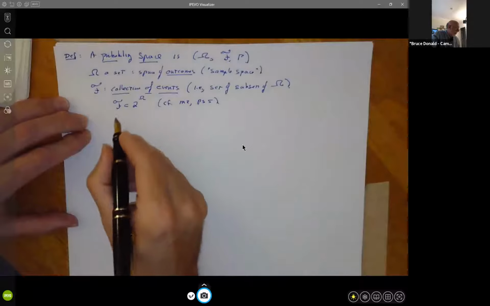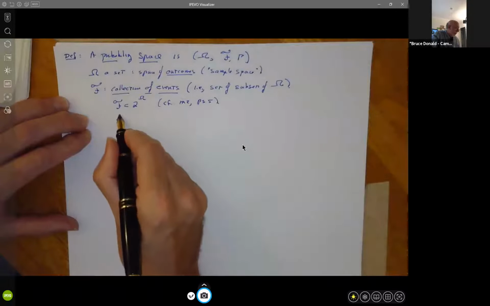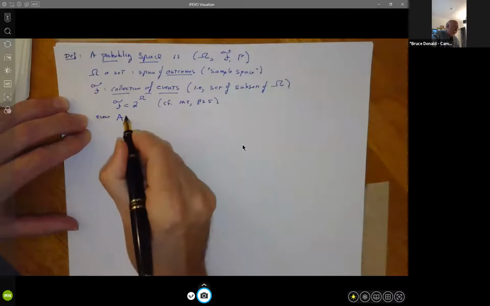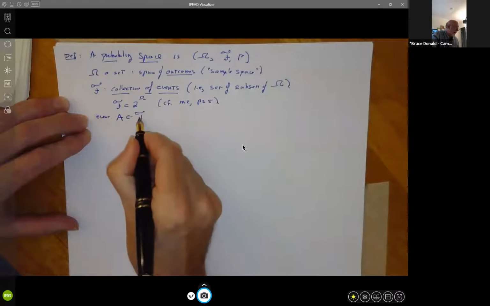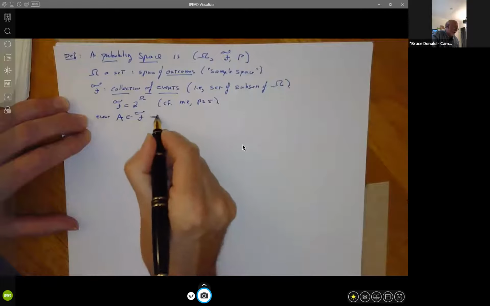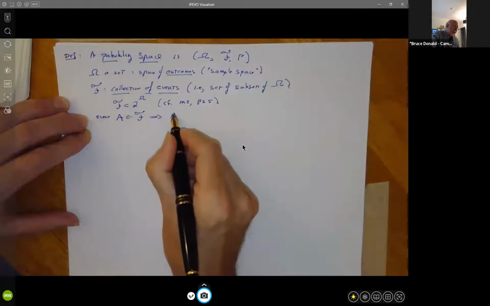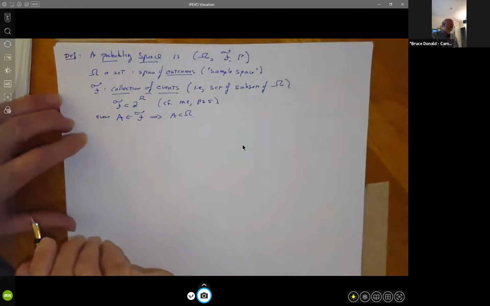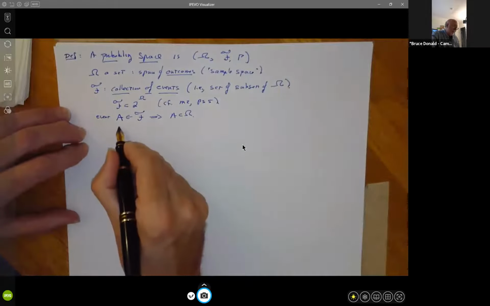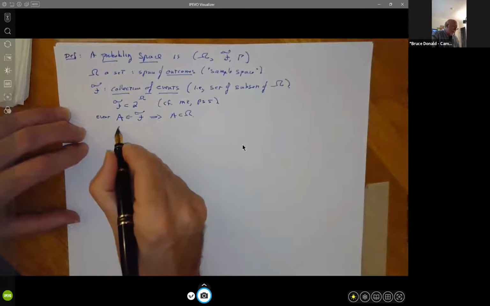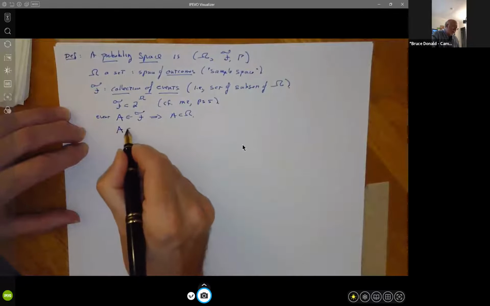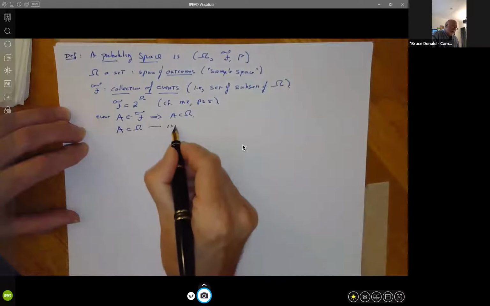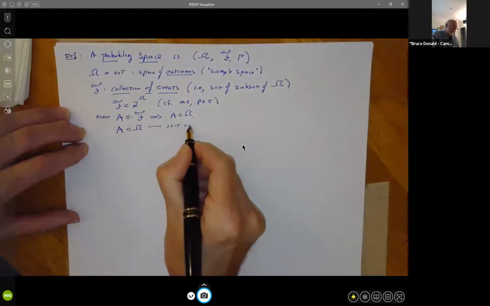From this, we can conclude that if we have an event A, which is in our collection F, it's necessary that A is a subset of our set of outcomes. This raises the question: what if we have an arbitrary set A, which is just a subset of our outcomes? Is it an event?